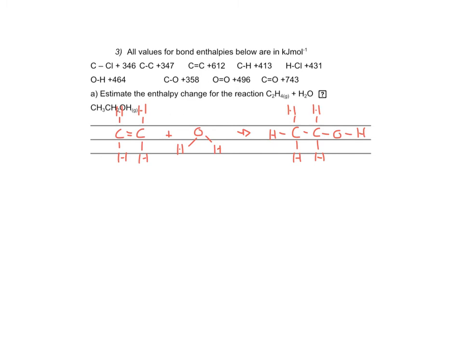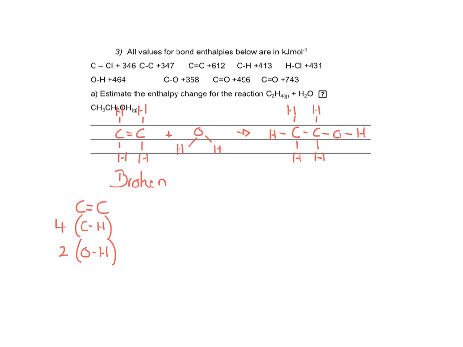Now I'm going to list all the bonds that are broken. So we've got a carbon-carbon double bond, 4 carbon-hydrogen bonds, and 2 oxygen-hydrogen bonds. And I'm going to pop in the values for these.